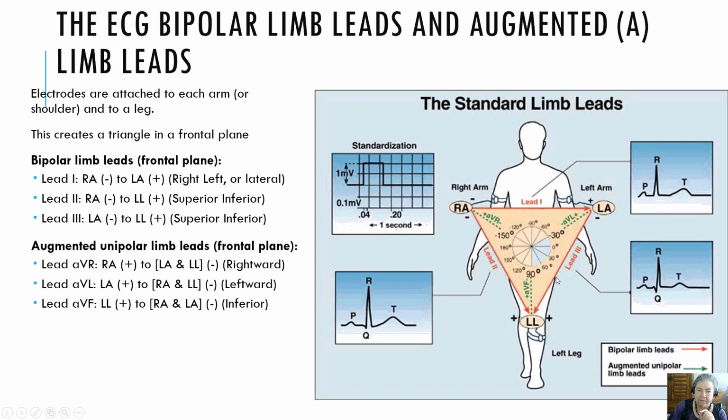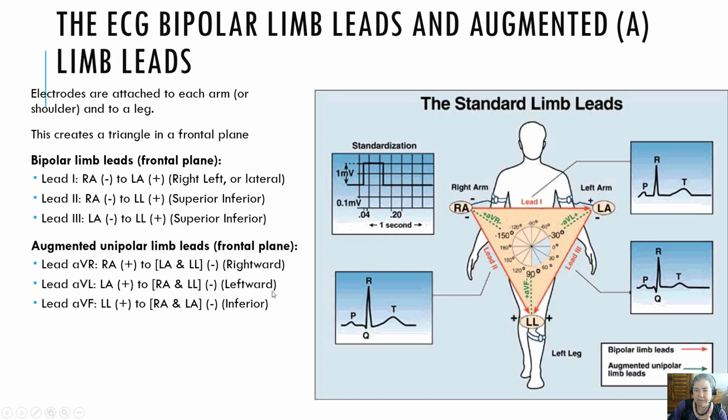There are also something called augmented unipolar limb leads, and all of these measure electrical activity in the frontal plane. So the bipolar limb leads are lead 1, 2, and 3, and the augmented limb leads are AVR, AVL, and AVF, which add together two of the electrodes to be the kind of the direction that current is flowing.